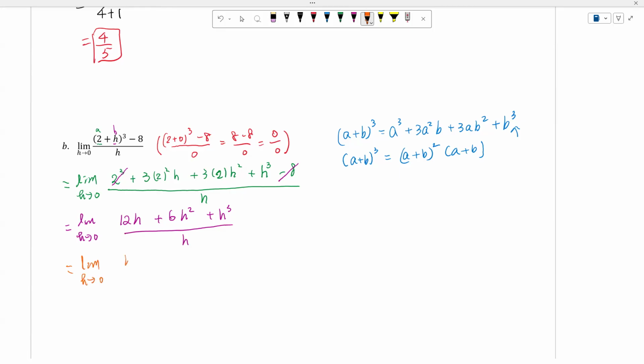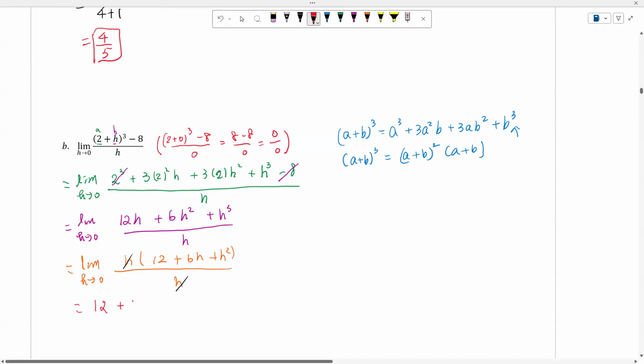And now you could take out the h, then I have 12 plus 6h plus h squared. Then these two cancel here. Then work with direct substitutions. I will have 12 plus 6 times 0 plus 0 squared.